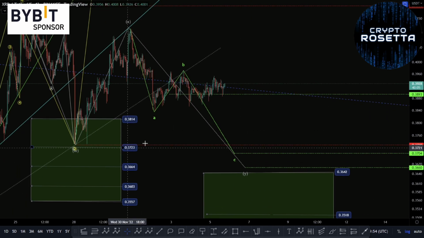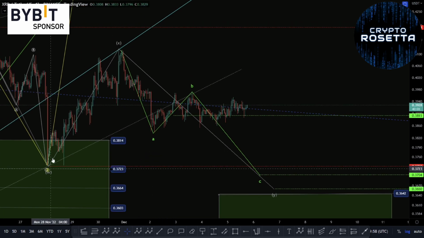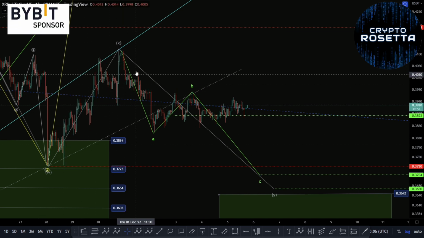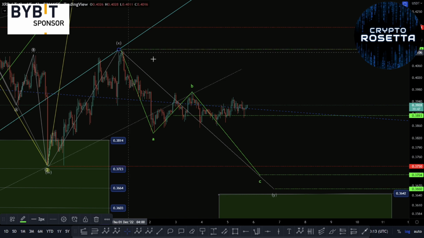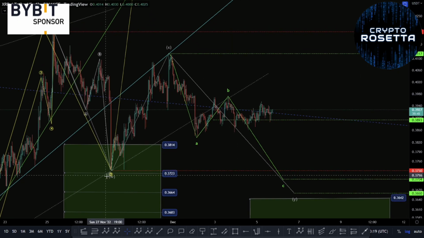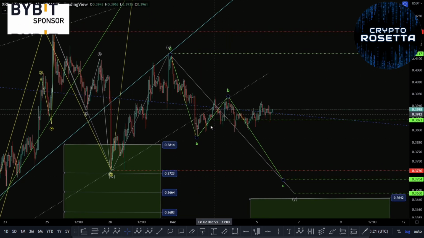Though for as long as we stay above this 3730 area, it's very hard to count this as an impulsive structure just because of the overlap. So I really don't like it. But if we were to move back above this 4117 area, then it could potentially be possible that we have this as a 1-2, and then we're looking to build structure here.